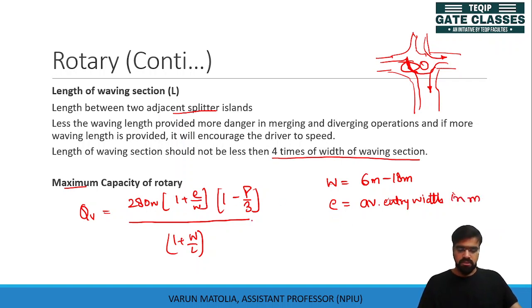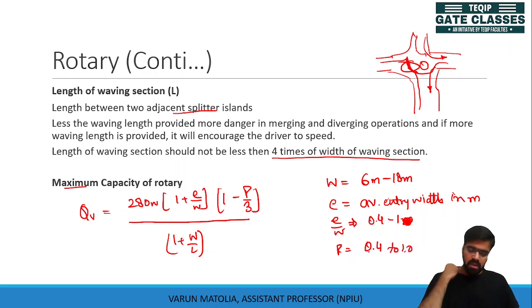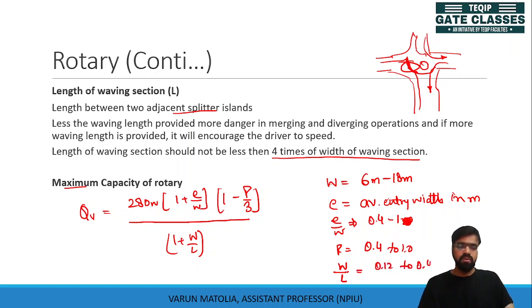Your E by W ratio should be between 0.4 and 1, not meters, it is a ratio. Your proportional traffic P value will be between 0.4 and 1. Your W by L ratio will range from 0.12 to 0.4.